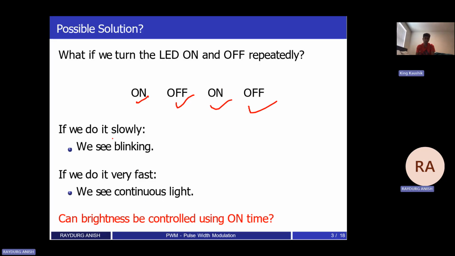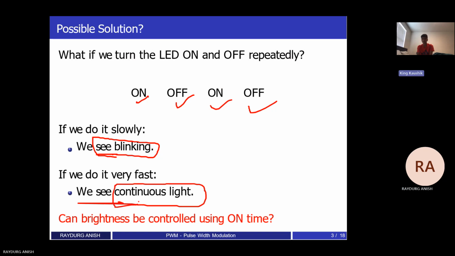If you do it slowly, then you will see the light is blinking. But if you turn it on and off fast enough, then you'll see continuous light. And by exploiting this fastness, you can even control the brightness as well.